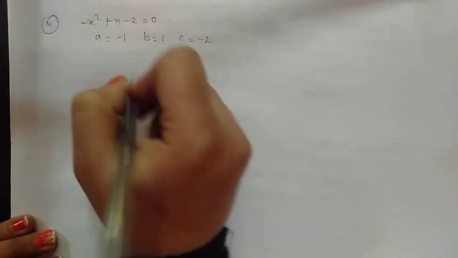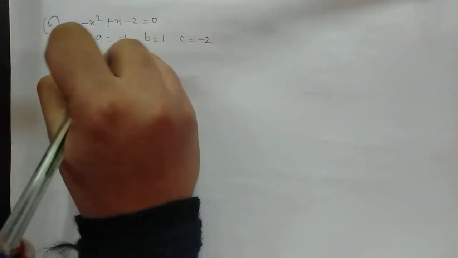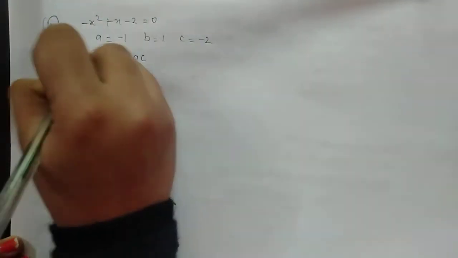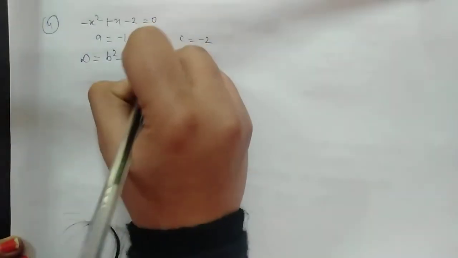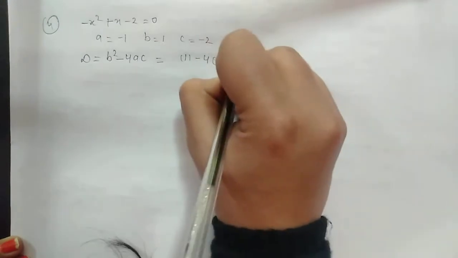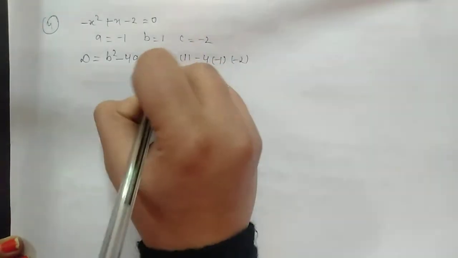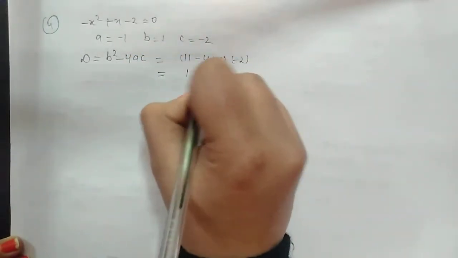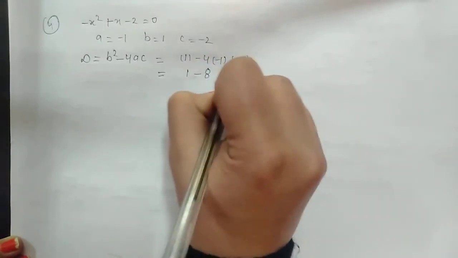So we put the values in the formula b square minus 4ac, which is equal to 1 minus 4 into minus 1 into minus 2. So we get the solution as 1 minus 8, that is minus 7.